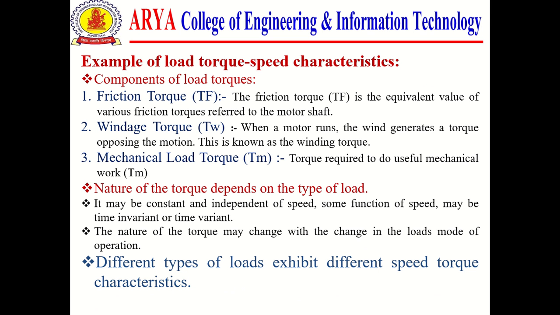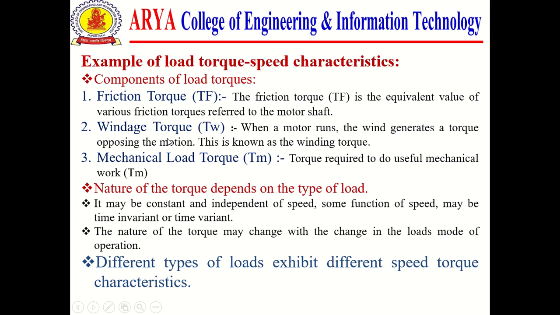Now we define the components of load torque as per the nature of the load. One is friction torque. The friction torque is the equivalent value of various friction torques referred to the motor shaft.